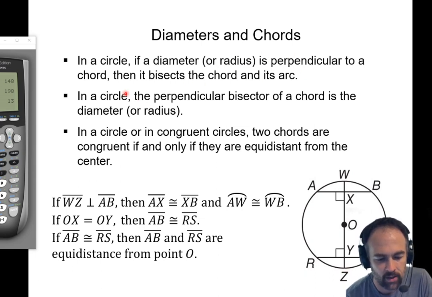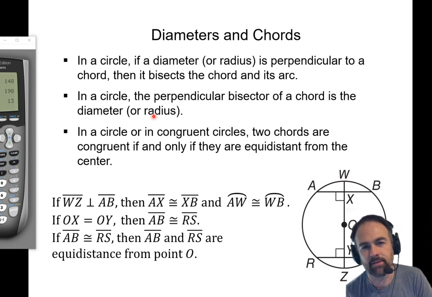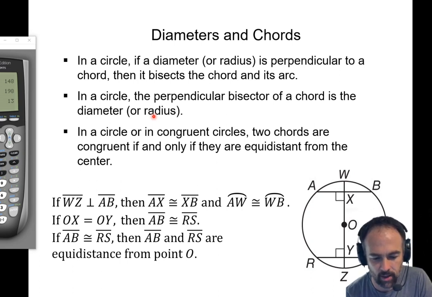Now number 2. In a circle, the perpendicular bisector of a chord is a diameter or radius. That's basically the converse of what we just talked about. If we have a chord AB, then the perpendicular bisector, so it's perpendicular and it cuts it in half, AX equals XB. If I have a perpendicular bisector, then by default, WO must be a radius.